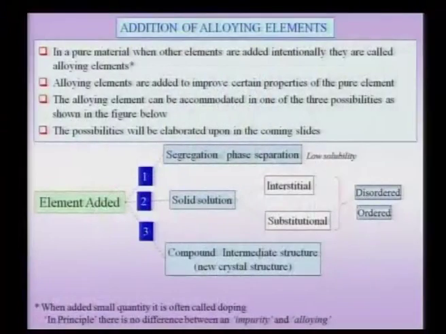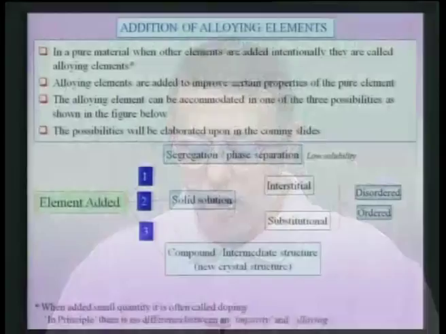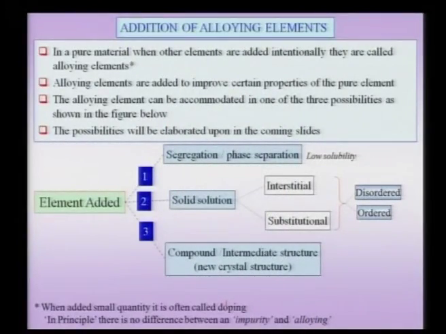Therefore, to summarize this slide, there are three possibilities when you add an alloying element to a material. This alloying element could be in a large quantity or a small quantity, and when I am talking about small quantity, it could be even in parts per million, in which case you would call it doping. This alloying element could go into one of the three possibilities with respect to the host lattice.